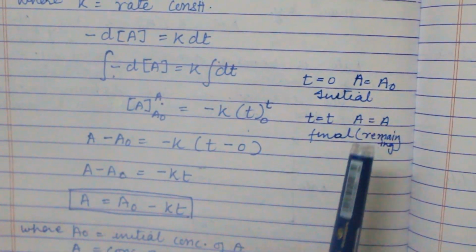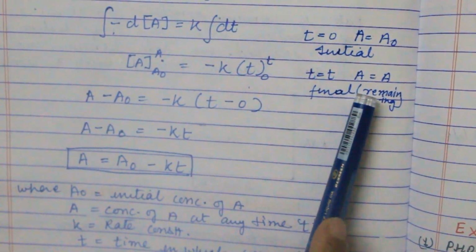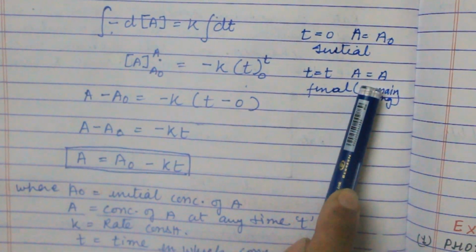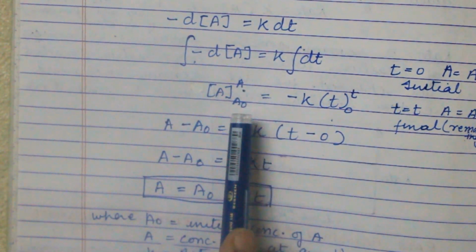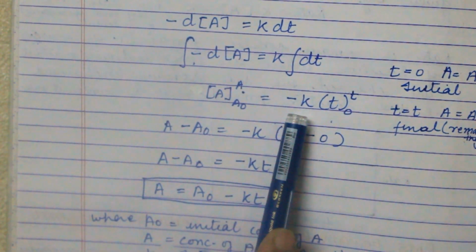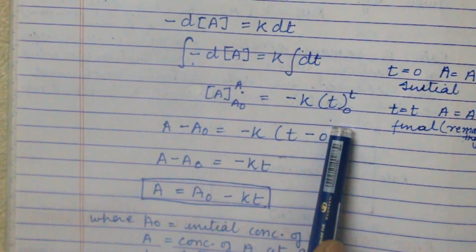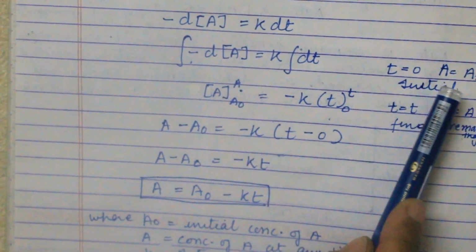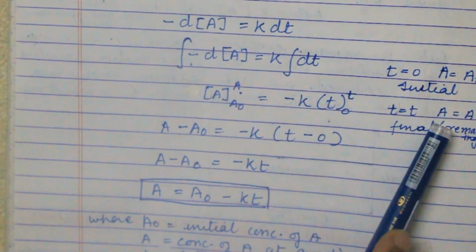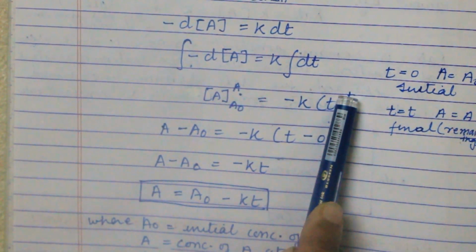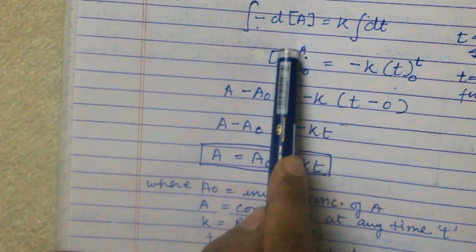The final state is when time is equal to t and the concentration is A, that is the remaining concentration. So we take the limits from A naught to A, equal to minus k times t from 0 to t.